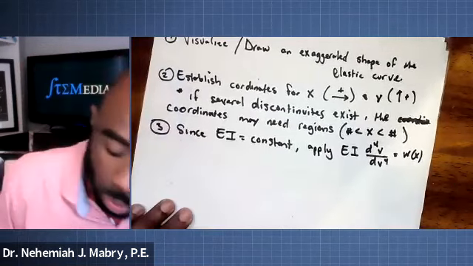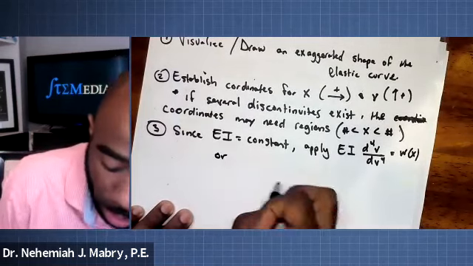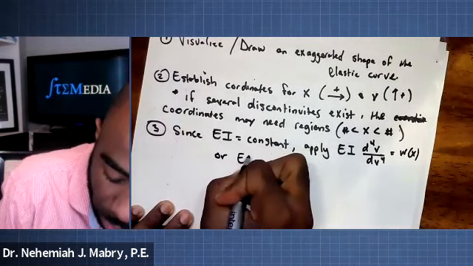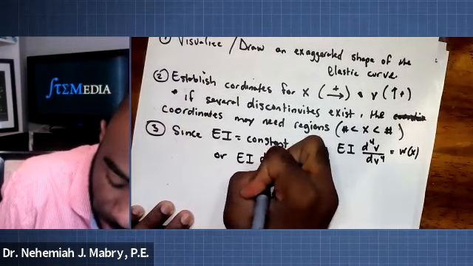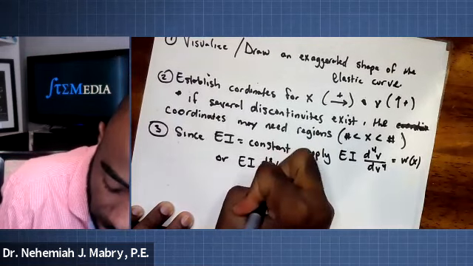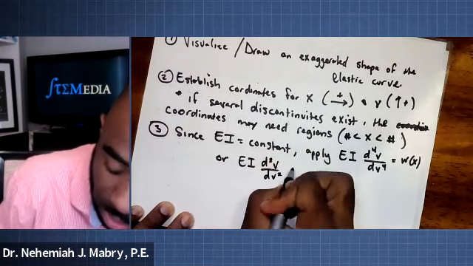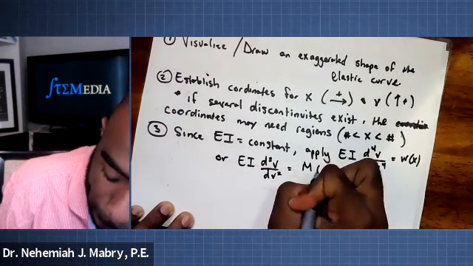Or another way to start, and this is how you're going to begin your process, you're going to apply EI times the second derivative, d²v over dx², to the moment.